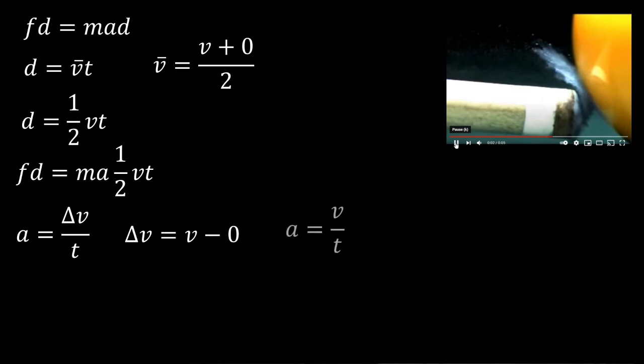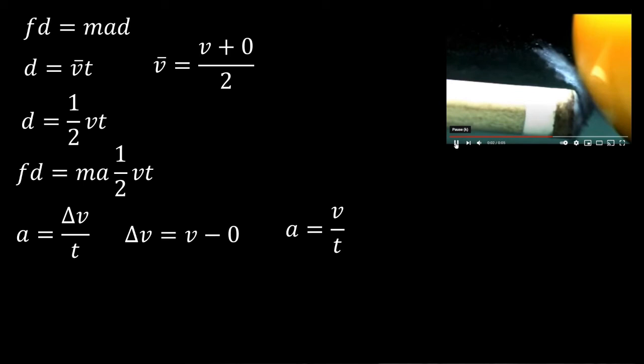And if we now put this into our F equals ma formula, we get force times distance equals mass times acceleration times half vt. But acceleration equals the change in velocity over time. Now, the initial velocity is 0, so as we just showed above, this means acceleration is just equal to the final velocity divided by time.